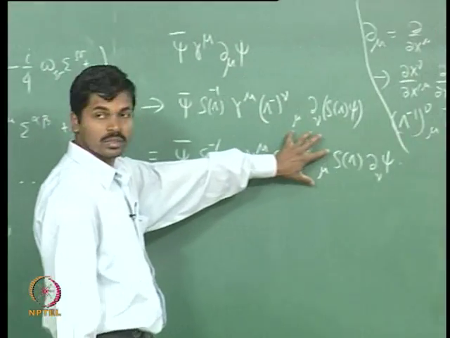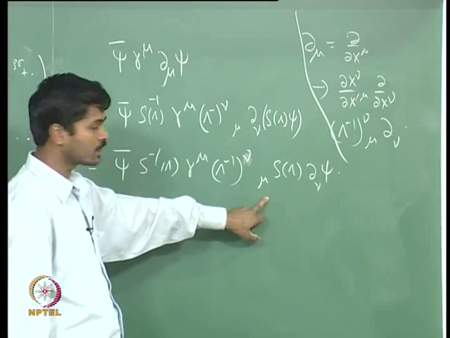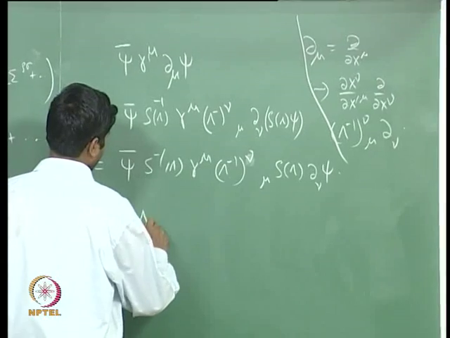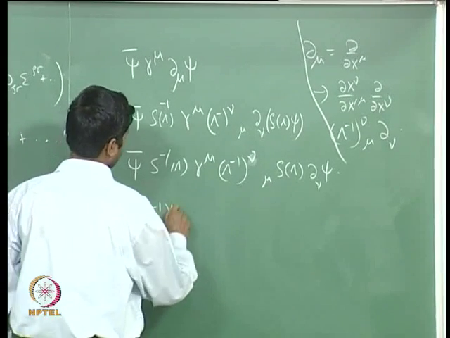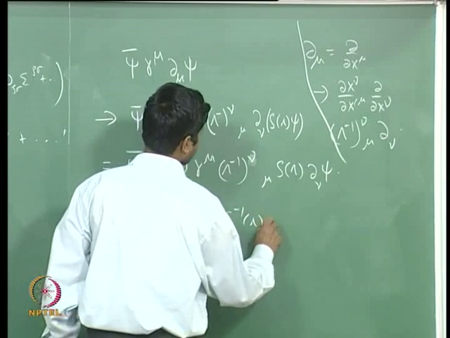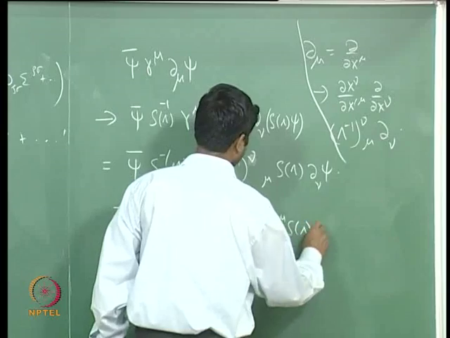This is a number. So, again the components of lambda mu nu are numbers. So, again I can pull it out. So, I have lambda inverse nu mu psi bar S inverse lambda gamma mu S of lambda del nu psi.